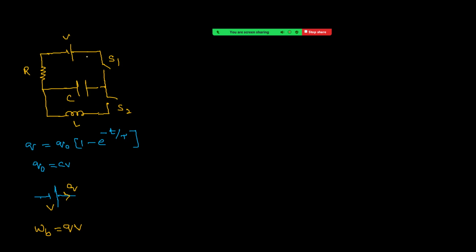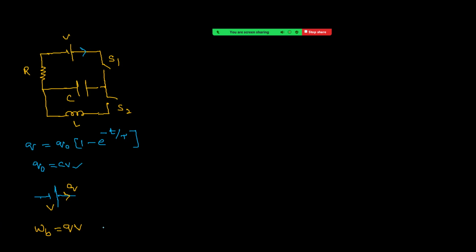Now you can see here, how much charge has flown through the battery. Initially capacitor was uncharged, finally charge equal to C into V, right? So this amount of charge has flown through the battery from low potential to high potential inside the battery.